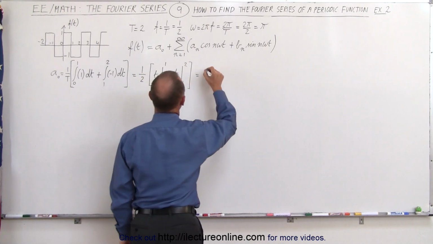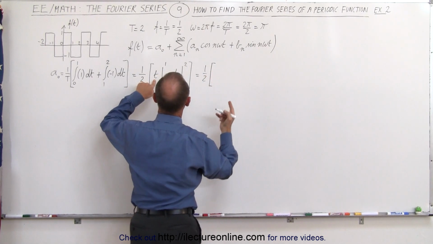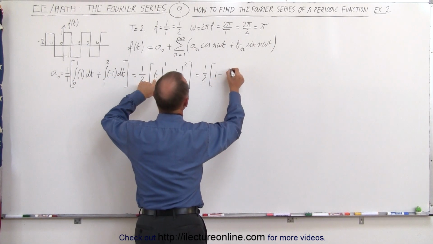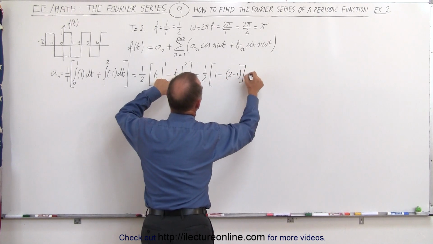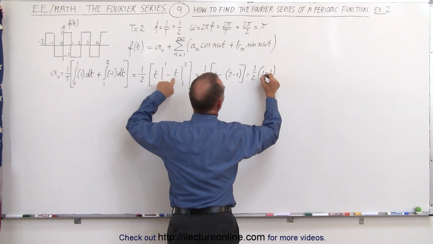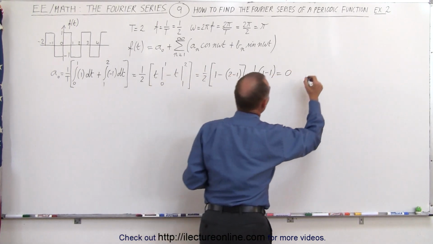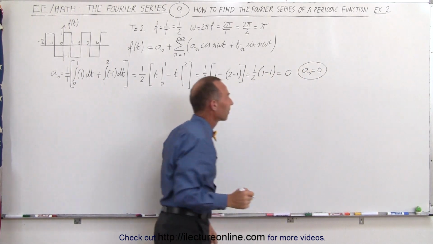Well, this will be equal to 1/2 times, plug in the upper limit we get 1, plug in the lower limit we get 0, so this will be 1 minus, here we get 2 minus 1. Of course this will be equal to 1/2 times 1 minus 1, which is equal to 0. So in this case, a sub naught, the DC term, will be equal to 0.